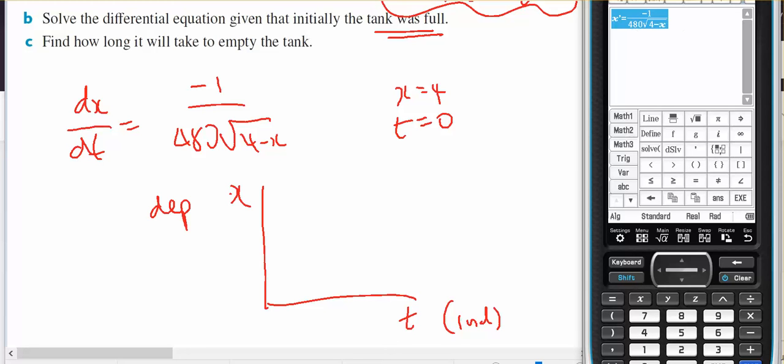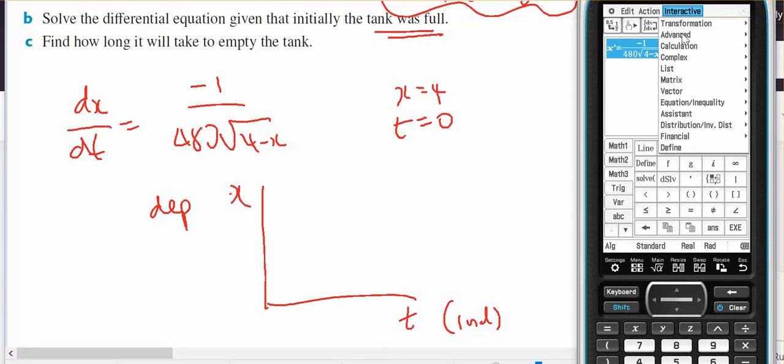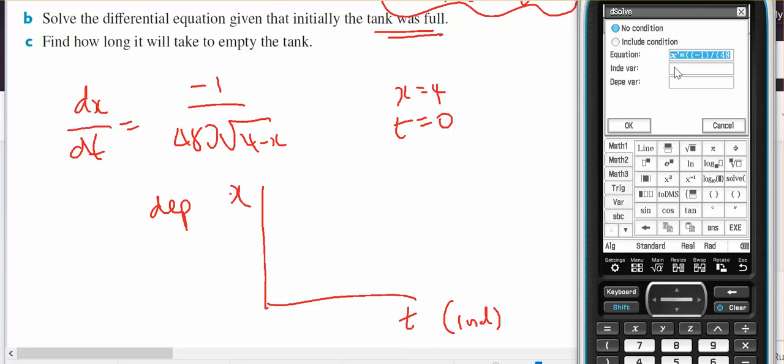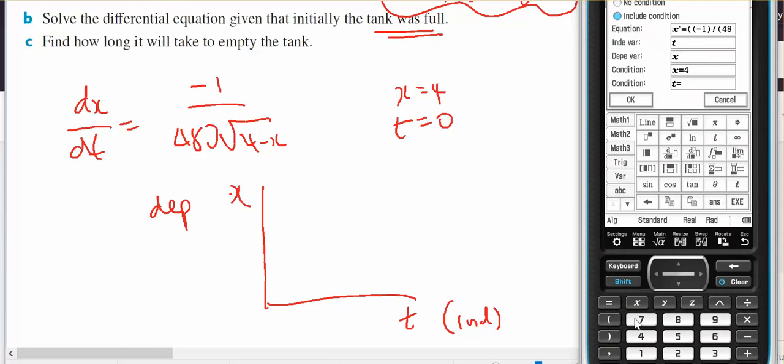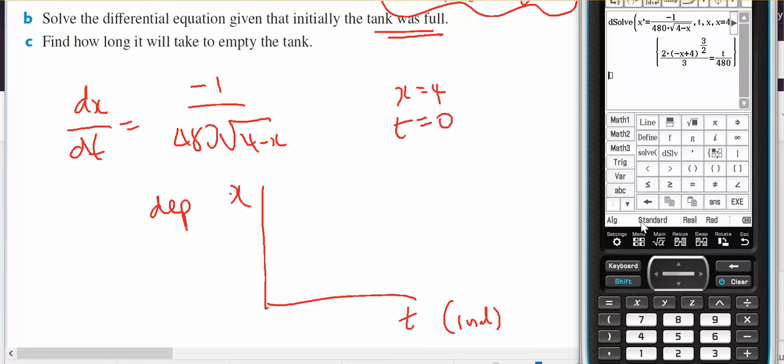And if I select interactive, advanced, desolve, my independent variable is t. My dependent variable is x, and my initial condition is that x equals 4 when t equals 0. And I'm going to solve that.